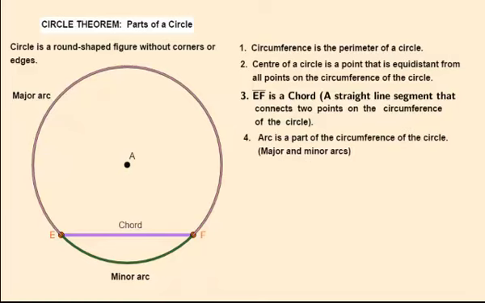And what is an arc? An arc is a part of the circumference of the circle. It's part of it. So we have the part below and the part above. Now, the chord also divides the circle into two parts.